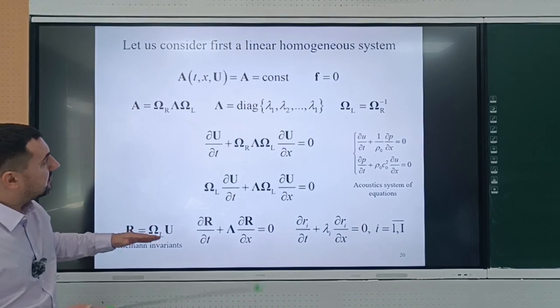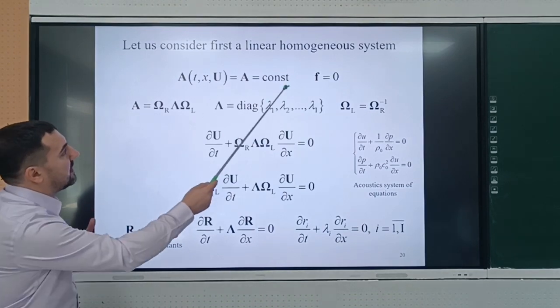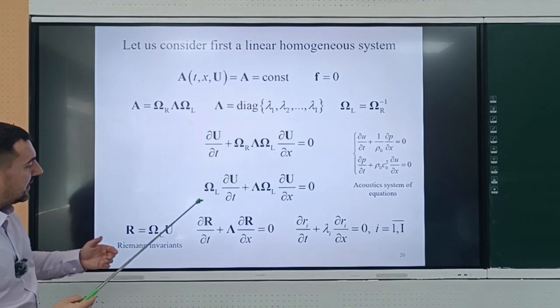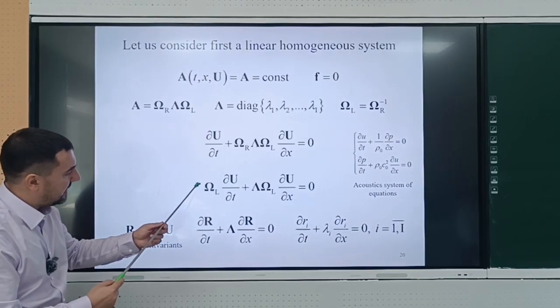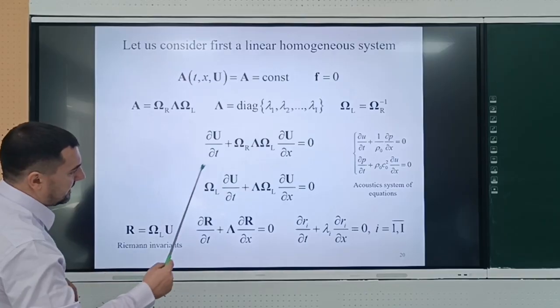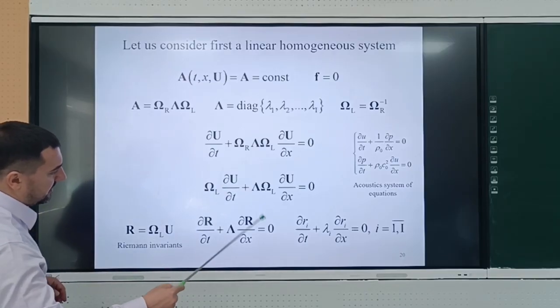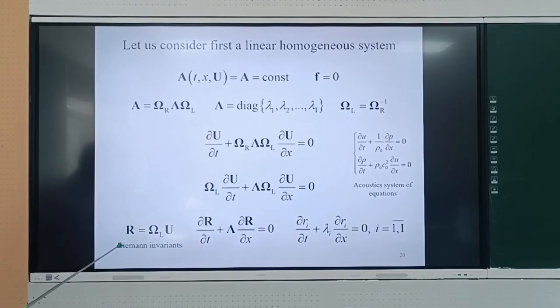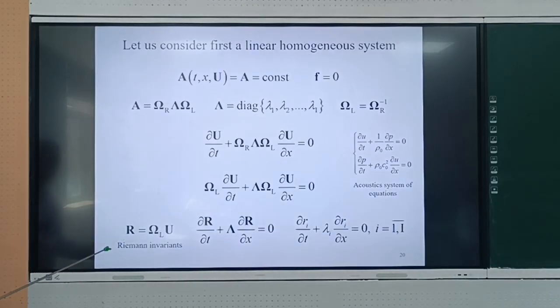Then we consider only a linear case, so A is constant. It means that we can put omega l inside the parentheses and get this equation. So we can introduce new variables called Riemann invariants, omega l times u.